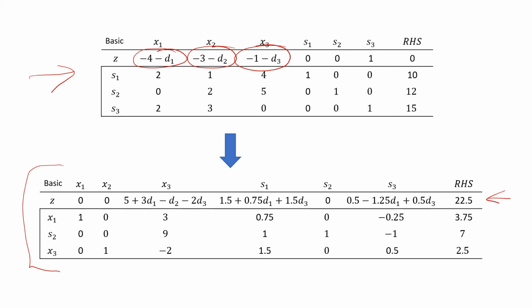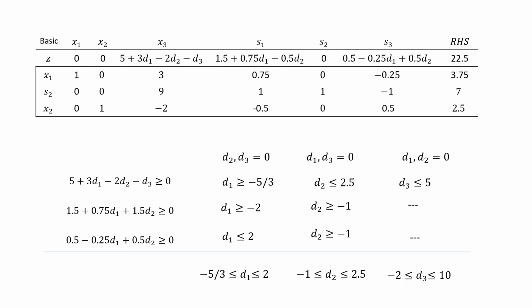Well, that better mean that all of our numbers on that top row have to stay positive, because if one of them goes negative, we have to do another iteration. So this has to be positive, this has to be positive, and this has to be positive. This is giving us a range for our D's, D1, D2, and D3, that we can't violate without having to iterate again.